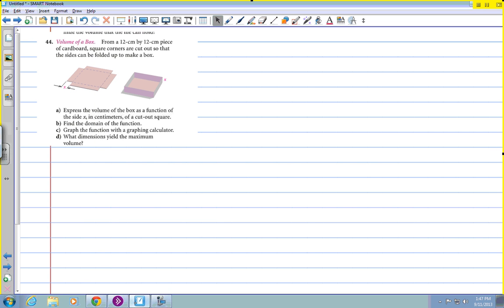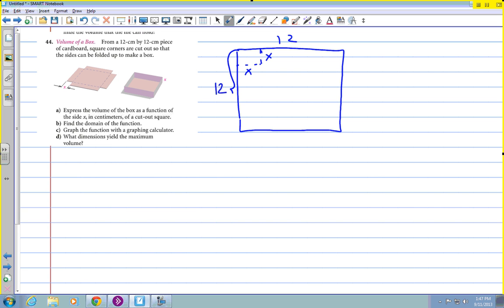All right, so from a 12 by 12 centimeter piece of cardboard, you cut out little squares, you build a box. Does that make sense? You have 12 by 12, you're going to cut out little pieces, call them x. Fold it, you got yourself a box. Each side originally was 12, right?